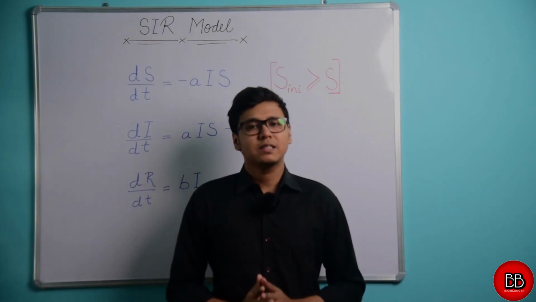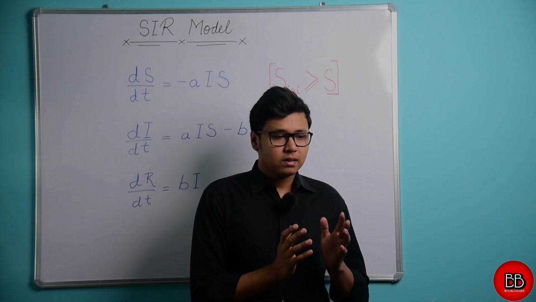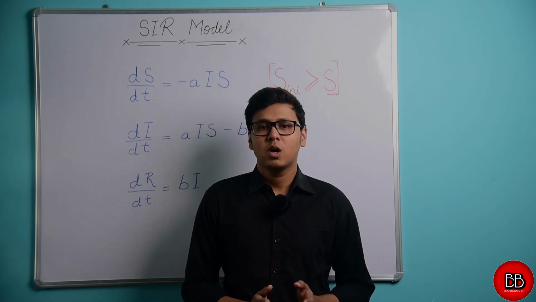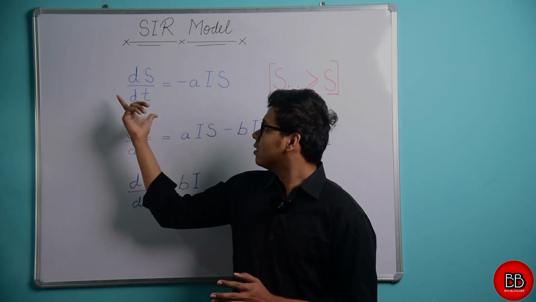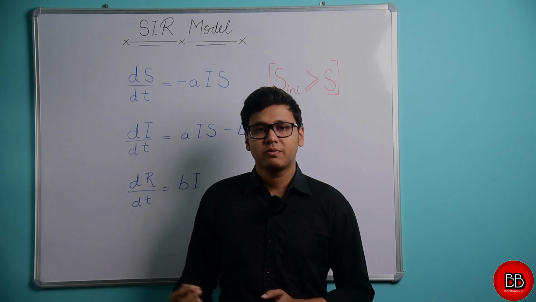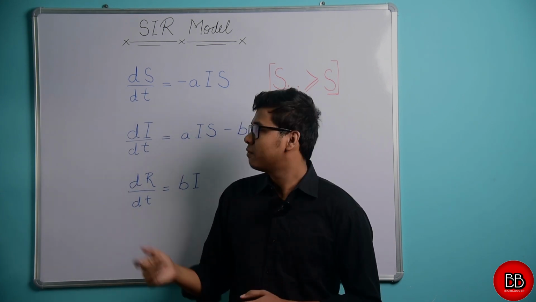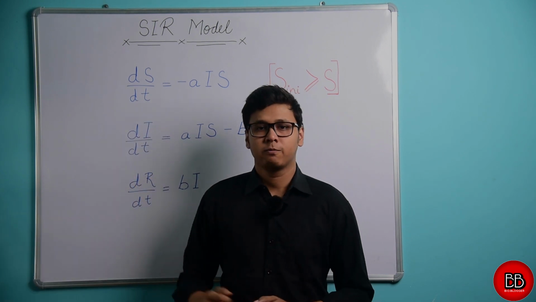So our second assumption will be that the transmission of the disease is going to happen only when there is contact between them. So the transmission of disease is proportional to the contact between the susceptibles and infectives.